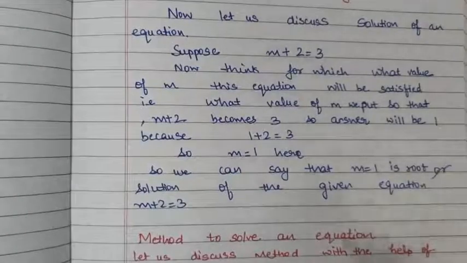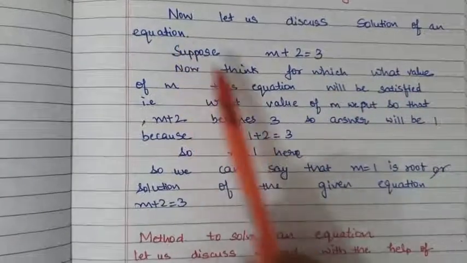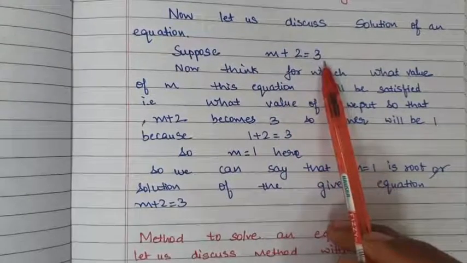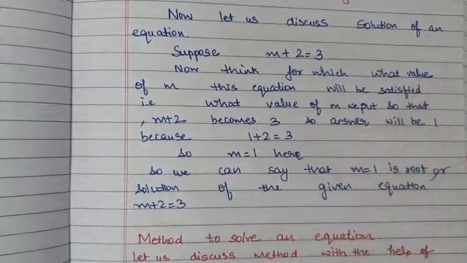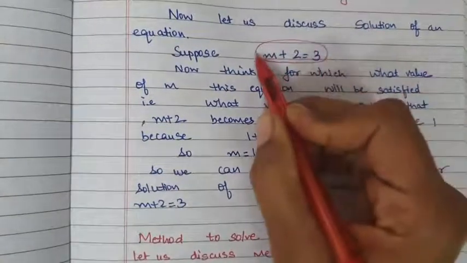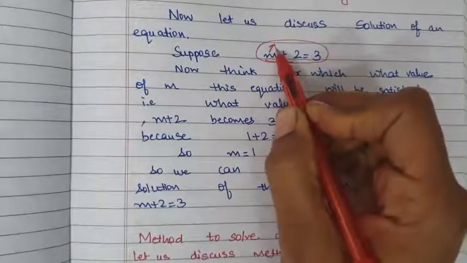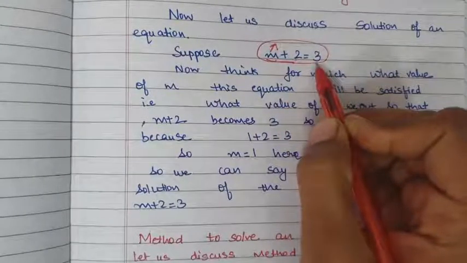Now, let us discuss the solution of an equation. Suppose m plus 2 is equal to 3. Now think for what value of m this equation will be satisfied. If you take m as 4, then 4 plus 2 will be equal to 3?